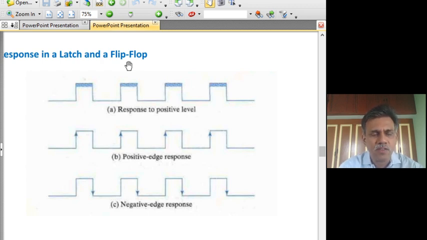The reason why flip-flops are favored as compared to latches in designing synchronous digital circuits is that we want all the changes in the flip-flops to take place at a precise duration. Then only the operation of the digital system and the state of the various memory devices, flip-flops, can be found out.